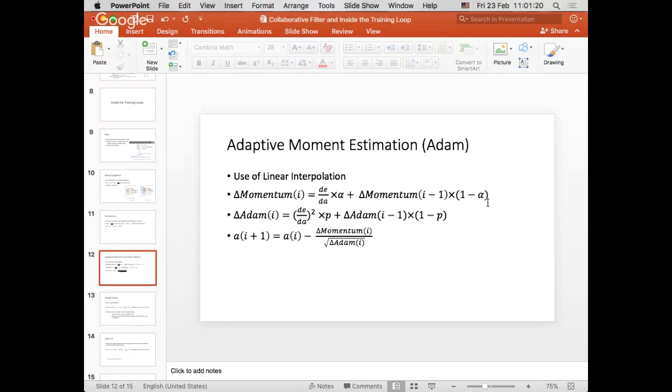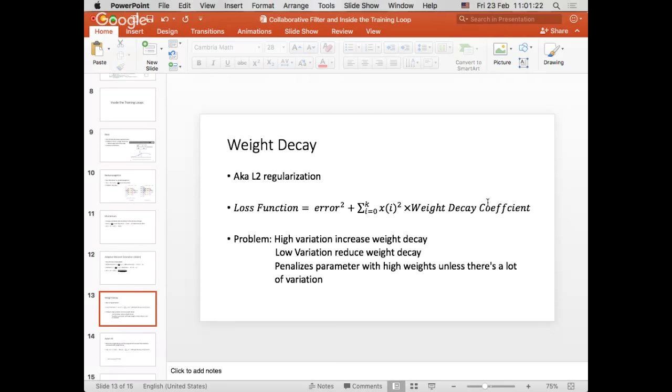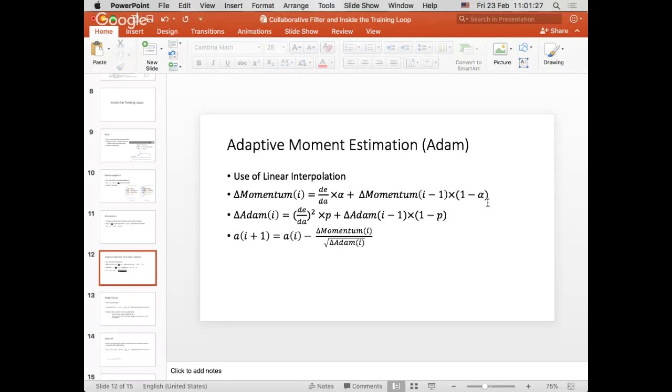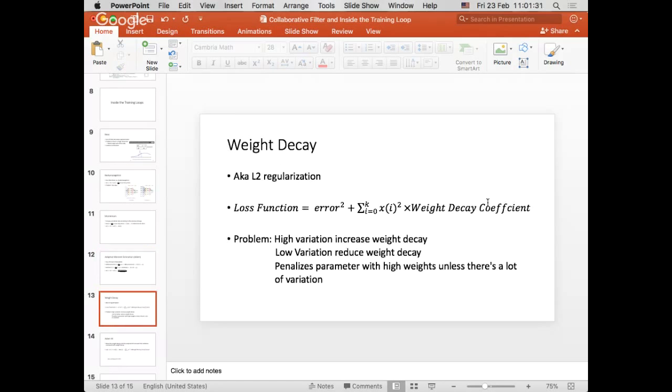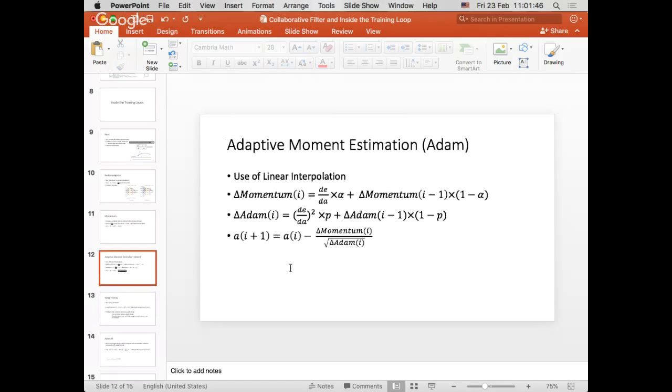Right? Yeah, so Jeremy mentioned that weight decay doesn't work well with Adam, because I think it will cause a problem with this parameter, and he said that it's very bad to penalize parameters with high weights, because somehow Adam wouldn't work.